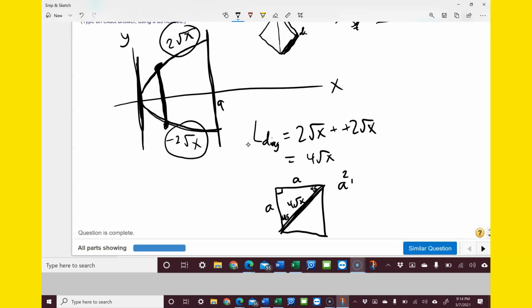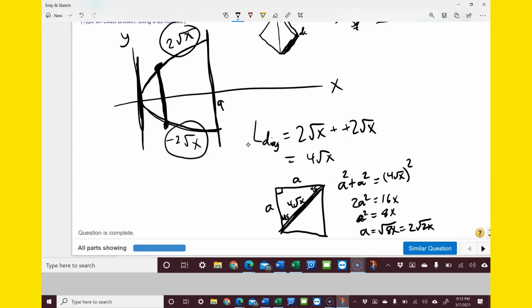I'm going to say a squared plus a squared equals the hypotenuse, 4 square root x, squared. So that becomes 2a squared equals 16x, divided by 2, a squared equals 8x. So a equals plus or minus, but I'm just going to say plus, the square root of 8x, which is 2 root 2x.